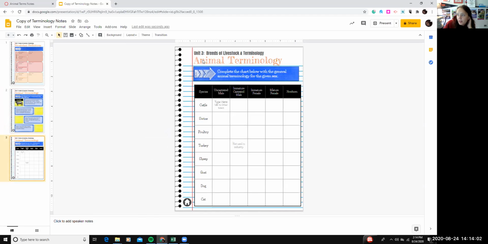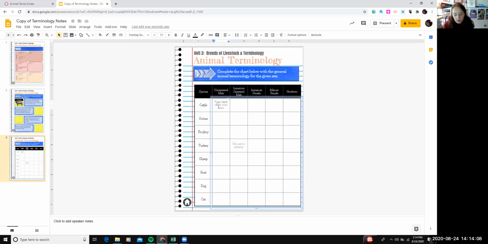All right, and then the last part of your notes is just like that chart that we went over. You're just going to type in the correct words right here in this chart so that you will have them. And then when you're done, you'll submit it.